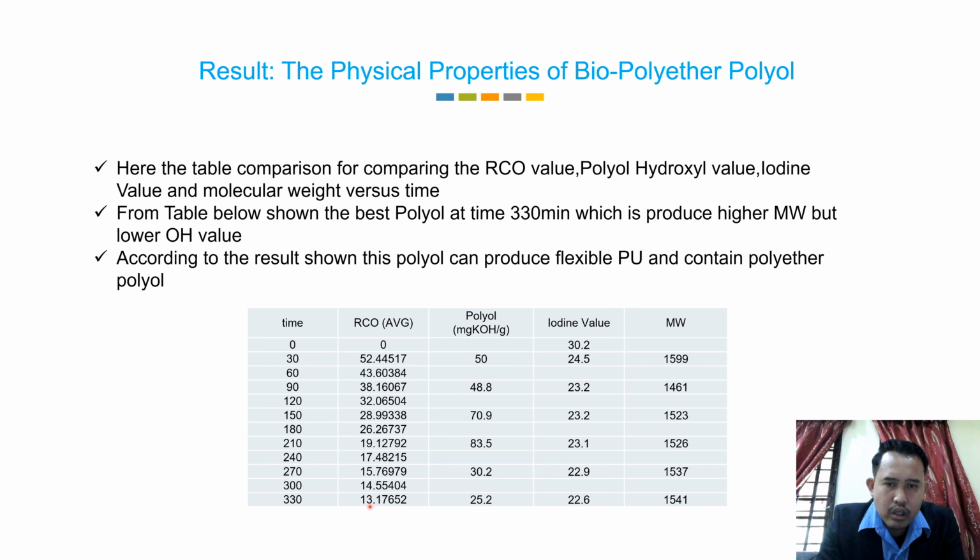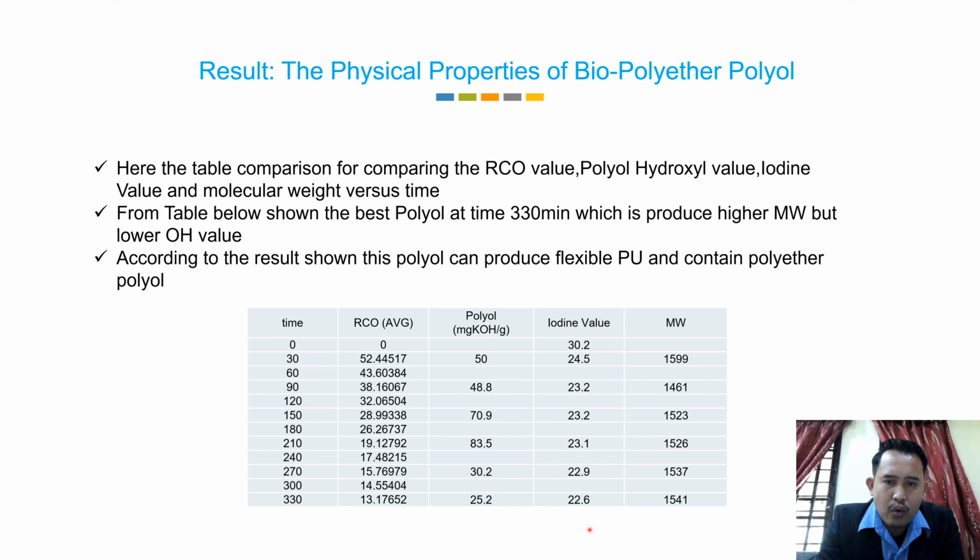So the best is at 330 minutes, during which time the iodine value also dropped to 22.6 from 30.2, which indicates that the unsaturated double bonds are already fewer compared to the initial, meaning the oleic acid completely reacted with the formic acid to produce the epoxide.